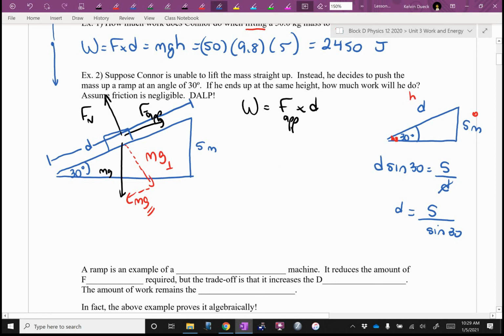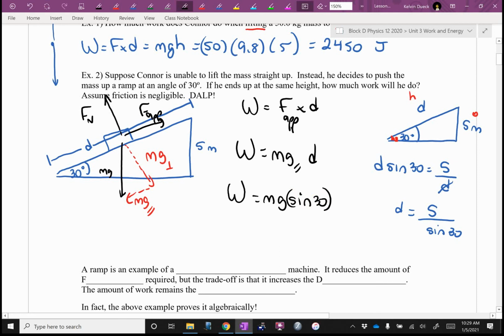So I'm going to argue that I can replace F applied with mg parallel. They're the same size. Okay, so let's write down W equals mg parallel times d. Mg parallel, two lines. So here's what I get. W equals mg times sine 30.